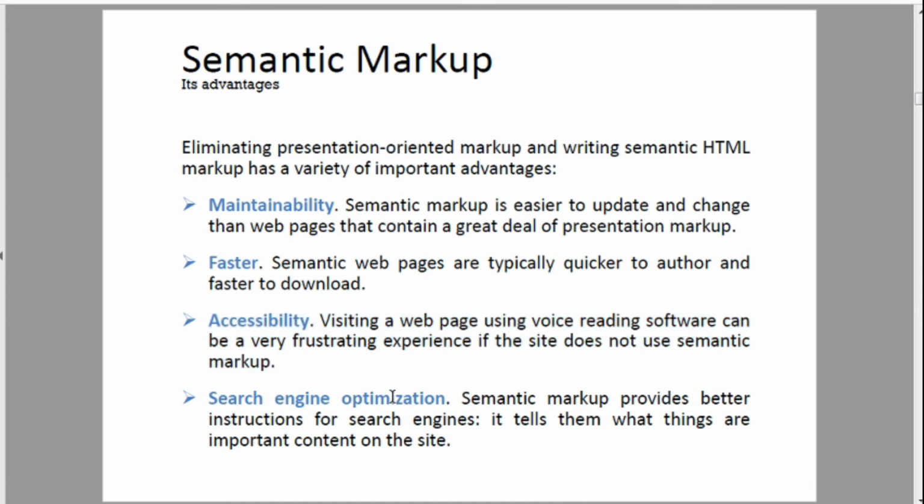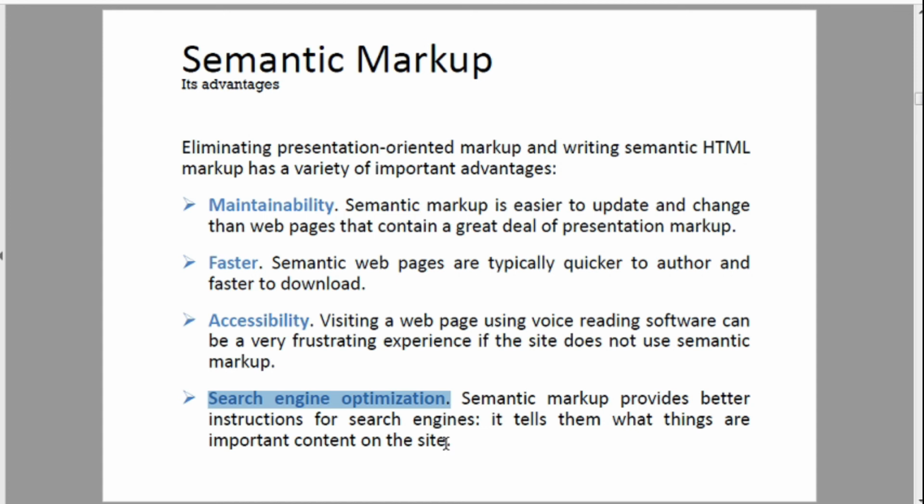The fourth one is search engine optimization. Semantic markup provides better instructions for search engines. It tells them what things are important content on the site. Whatever is important, you put onto an HTML document, so it becomes very easy to search if you have placed the content in a proper structure.